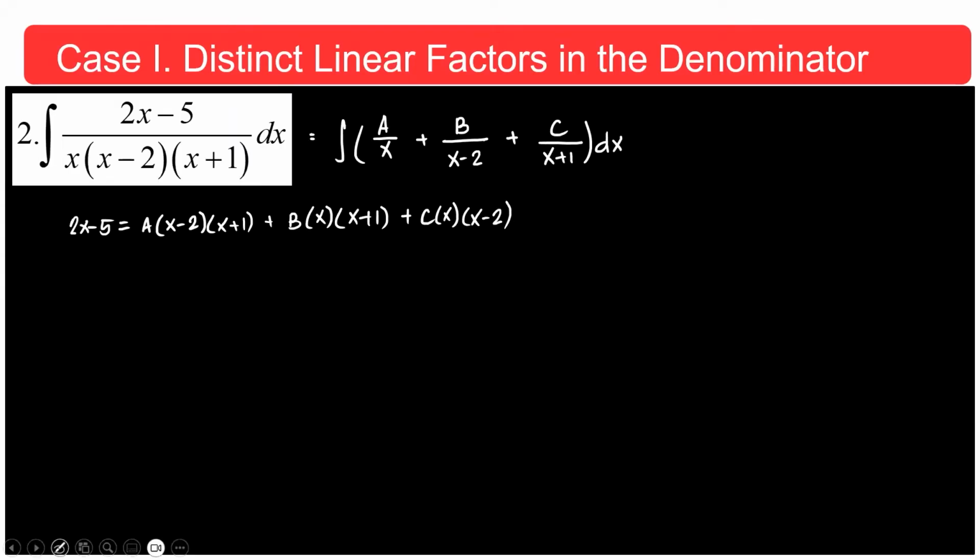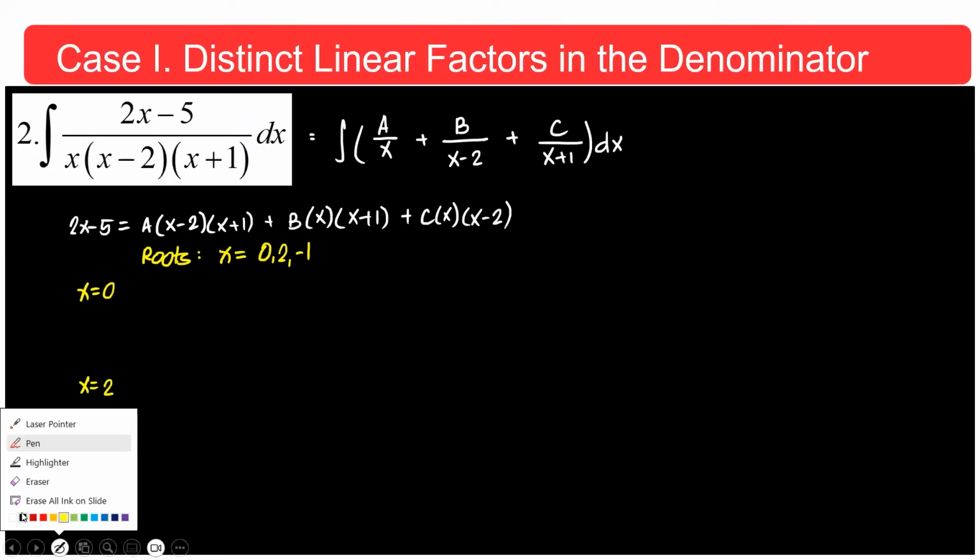So what are the roots? Can you please dictate to me the roots? 0, 2, and negative 1. Very good. So x equals 0 first. Next, let's try x equals 2. Next, let's try x equals negative 1.